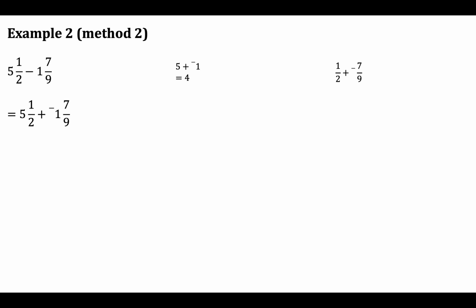And 1/2 plus negative 7/9, well, we can express these in terms of 18ths. So 9/18 plus negative 14/18, and that gives us negative 5/18. Getting back to the question in hand, we can express that as 4 plus negative 5/18.